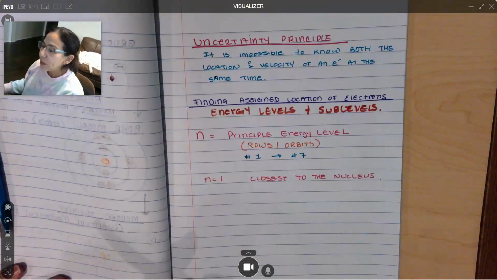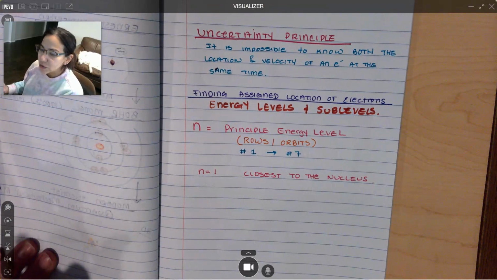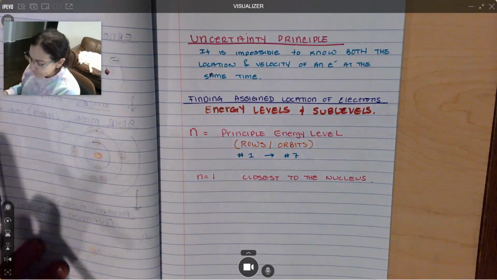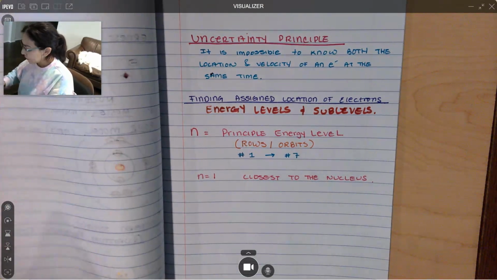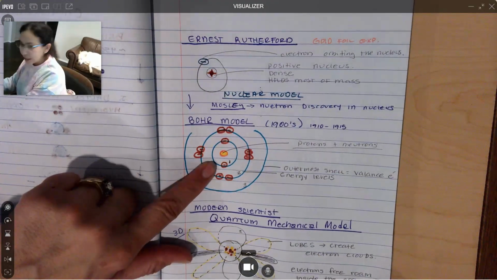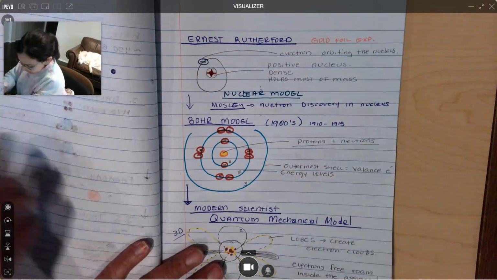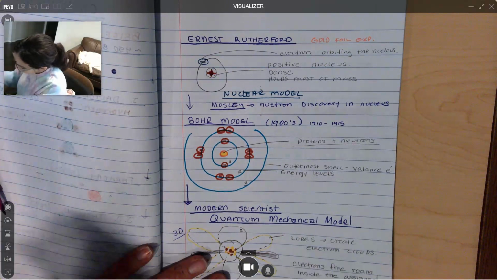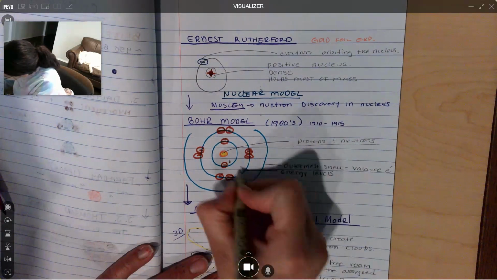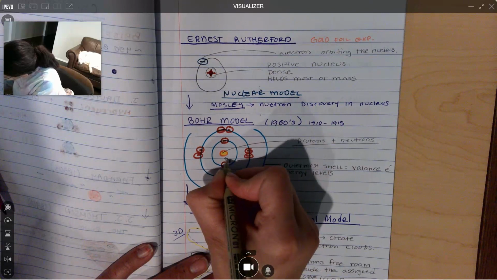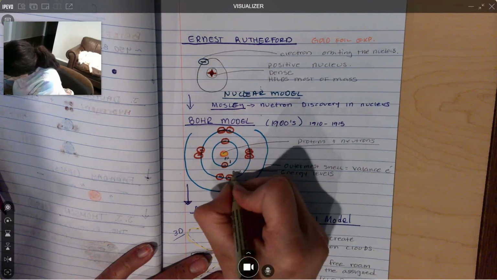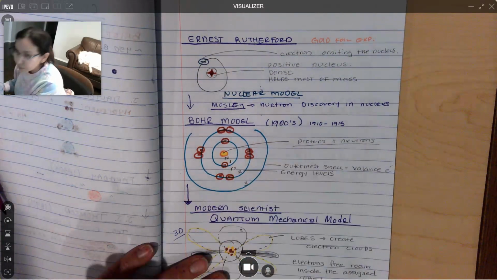N is equal to 1. That means that that is the closest to the nucleus. That's energy level 1. All right. So we look at these. Energy level 1 is the closest to the nucleus. So when you see these numbers, now you know that this is N is equal to 1. N is equal to 2.